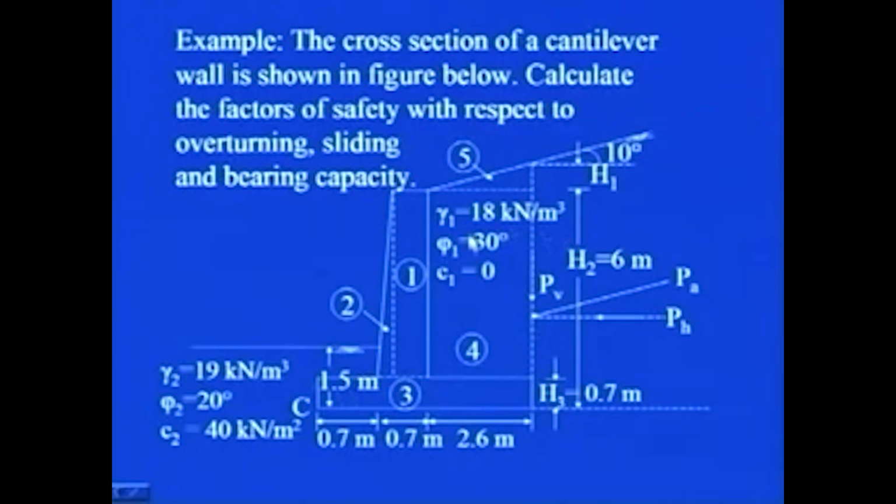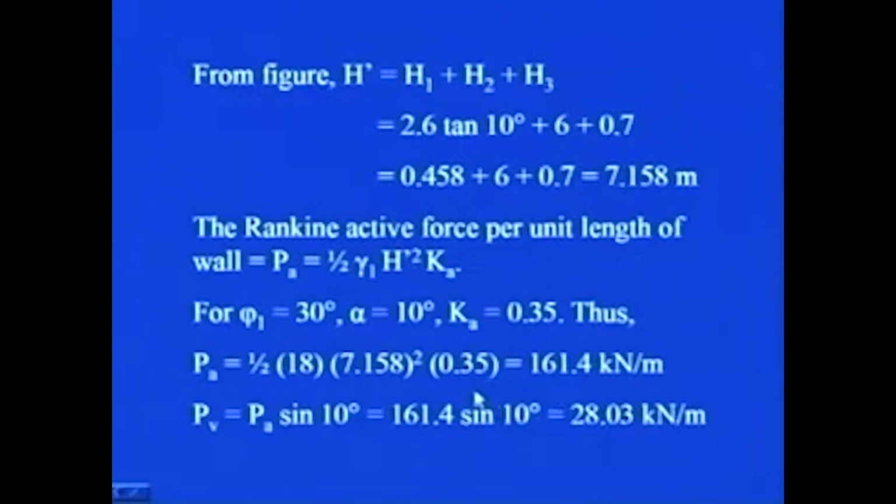Then the weight of the soil is represented by area 4 and area 5. However, the weight of the wall is divided into 3 sections: section 1, section 2, this small triangular area, and section 3, which is the area of the base slab.